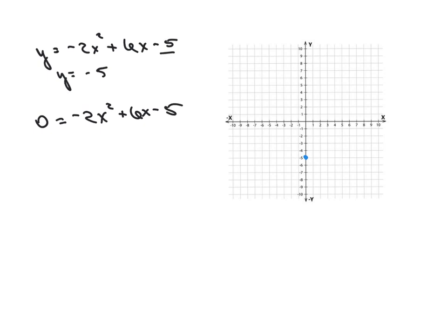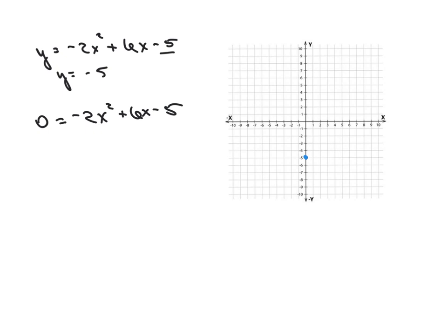And one of the things I do want to remind you is that because this minus sign is in front of our x squared, that means it's going to open down. So we know that. So later on, when we get there, we know what it's supposed to at least look like.